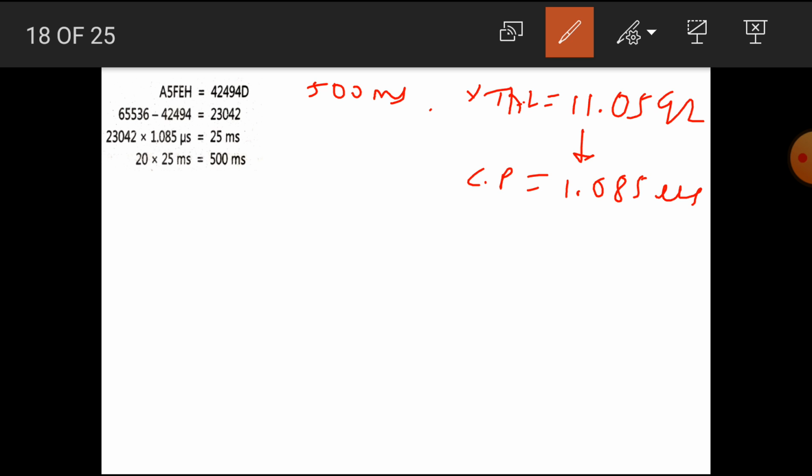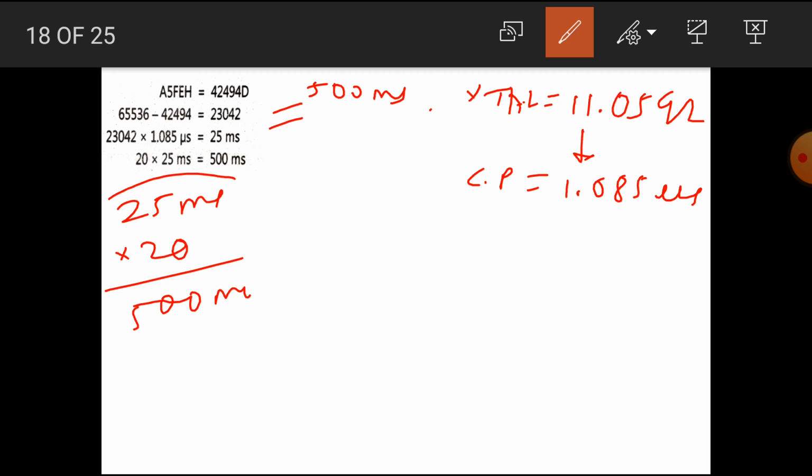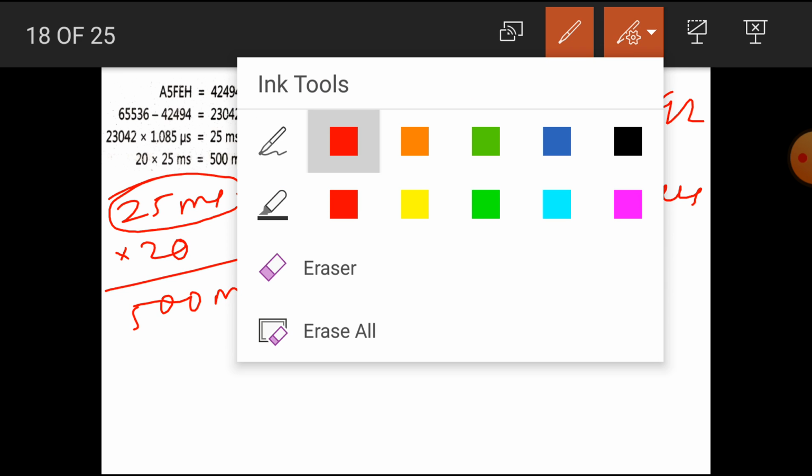Then we have to generate the 500 millisecond delay. First of all, how do we generate this delay? Let's consider that if we generate a 25 millisecond delay and multiply it by 2, then we get a 500 millisecond delay. For that purpose first of all we have to find the clock pulses for the 25 millisecond delay.